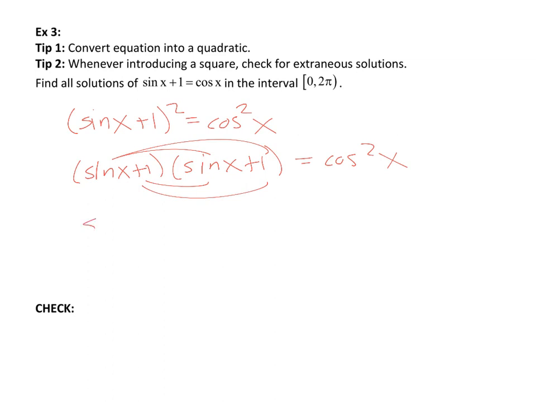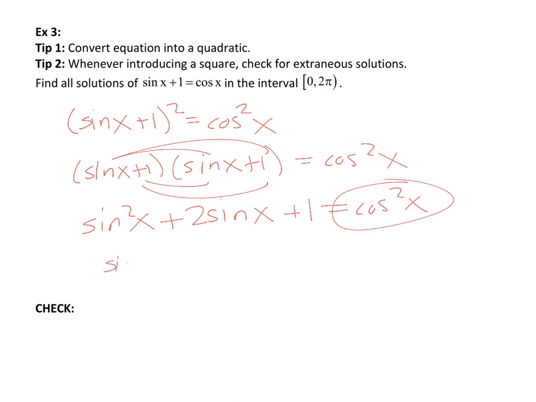All right, so I have sine squared of x plus 2 sine of x plus 1 equals cosine squared x. Alrighty, and now I want to have the same trig function, so I'll just apply the Pythagorean identity to the cosine squared x, and I'll replace it with 1 minus sine squared x.